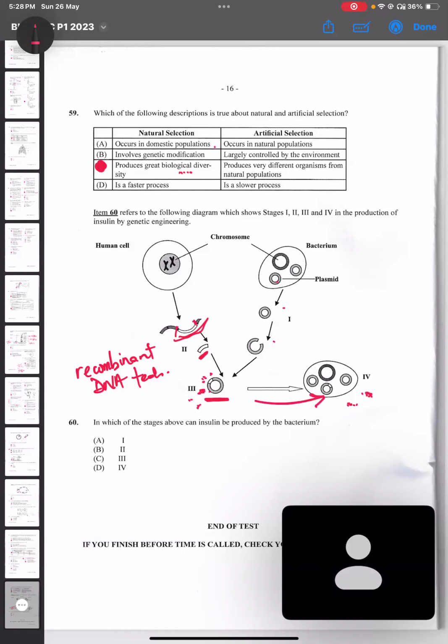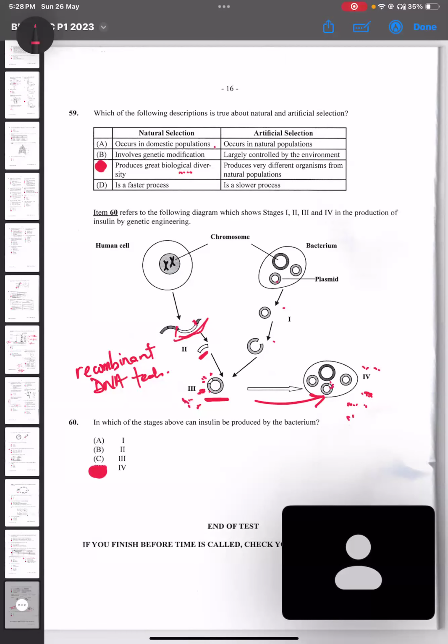So the bacterium now has that within its DNA because the plasmid is the part of it that has the bacterial DNA. When you put it inside, the bacteria can now reproduce, and when it reproduces, it is going to produce insulin inside. So in this case, it would be D, that is the answer.